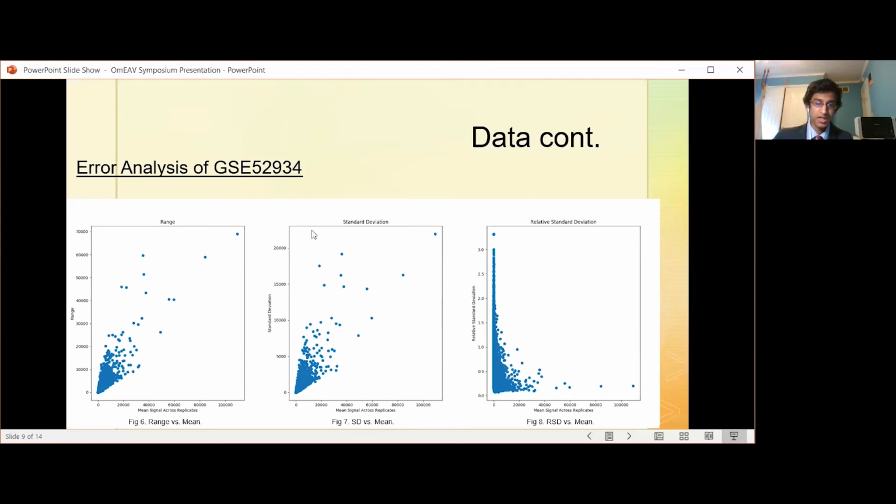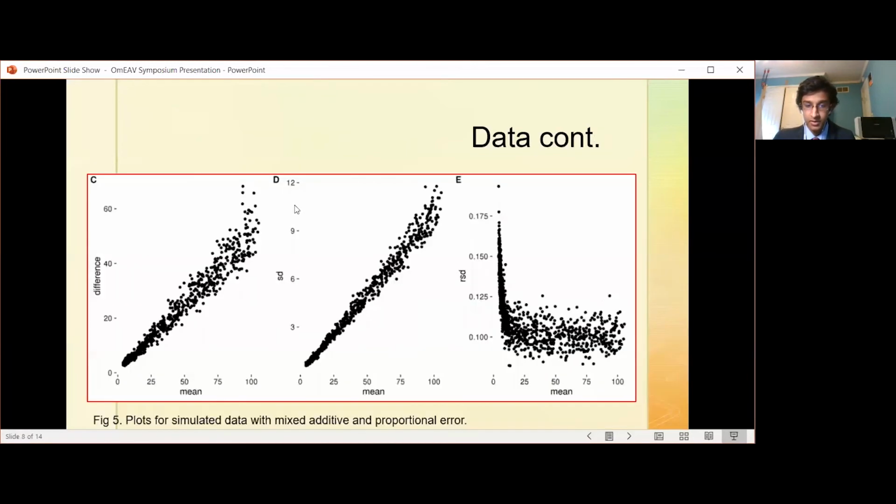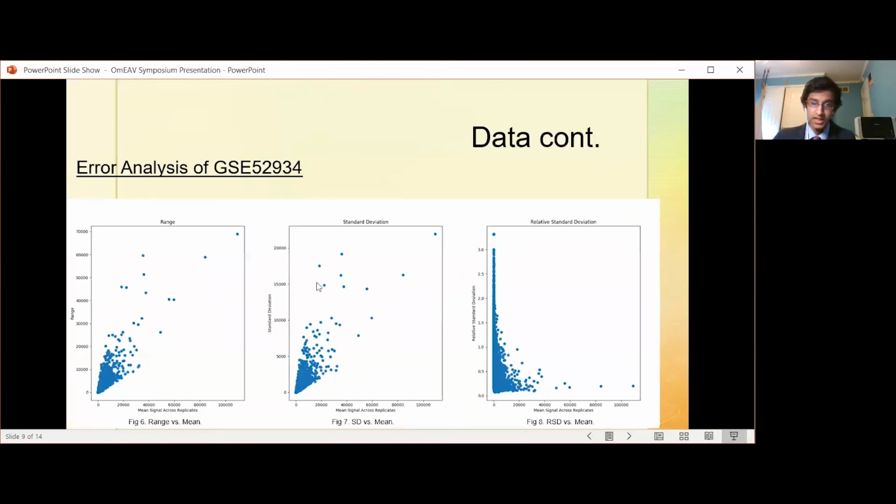And you'll see immediately it looks very similar to the simulated set with mixed error. You see, again, the 2 linear like graphs, followed by an inverse exponential curve. And so basically this shows me that this set contains both constant and proportional error.